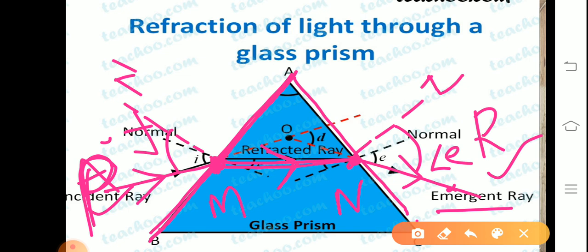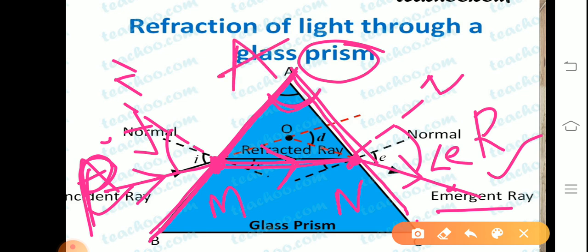Also here you can see the angle made by the two plane surfaces AB and AC. The angle between these two is called the angle of prism, always represented by the capital letter A. PMNR is the path of the light ray.